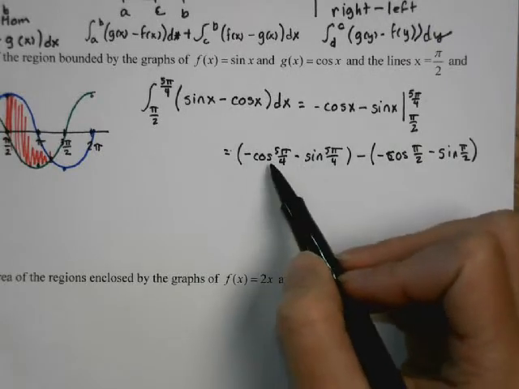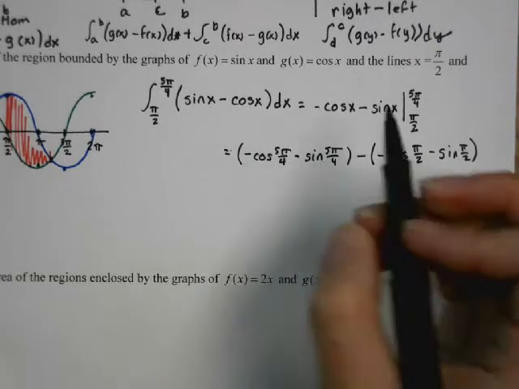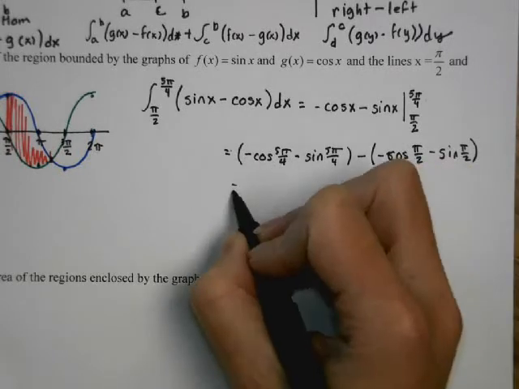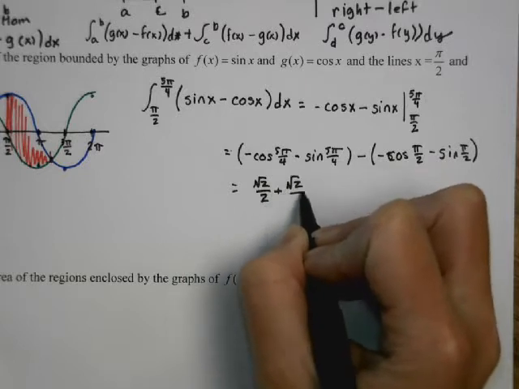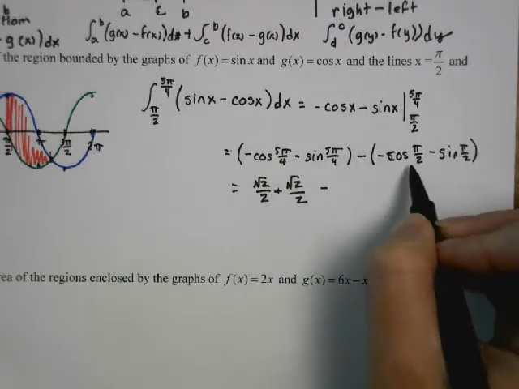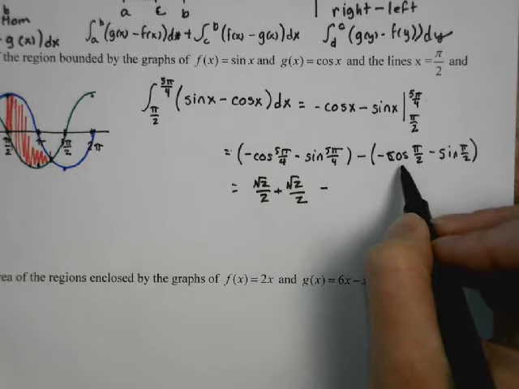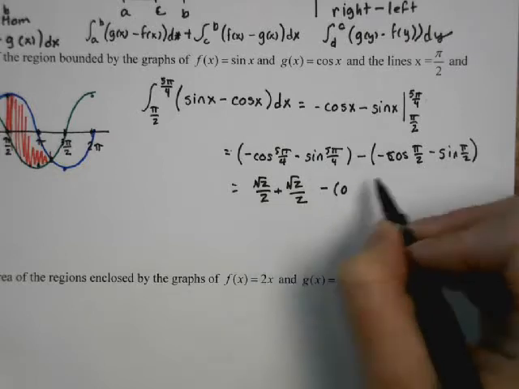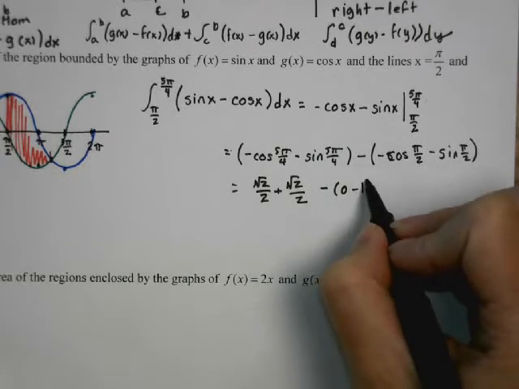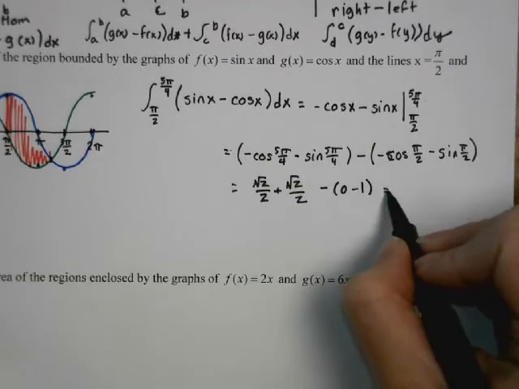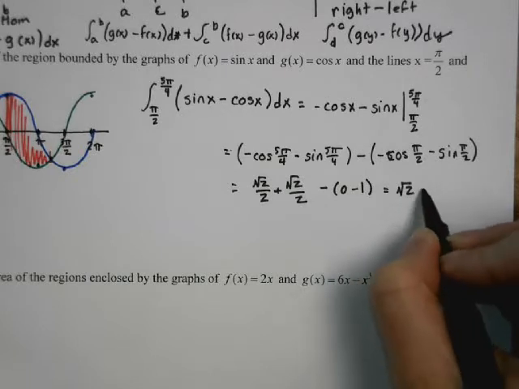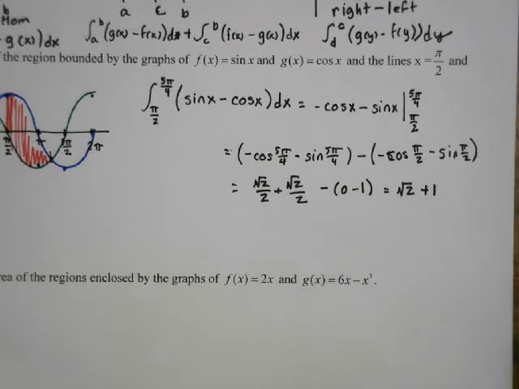So at 5 pi over 4, both sine and cosine are negative. So since these are both negative, this is going to be positive root 2 over 2 plus root 2 over 2, minus cosine of pi over 2 is 0. Sine of pi over 2 is 1. So we're going to add 1 here. So this is going to be root 2 plus 1.